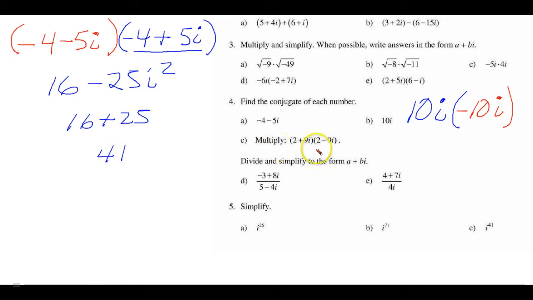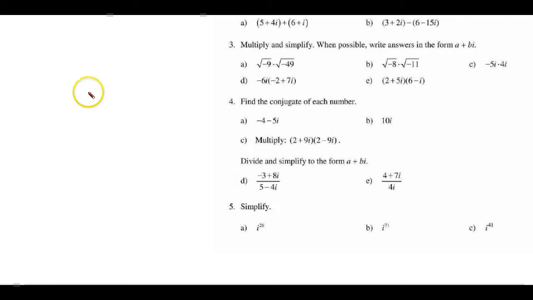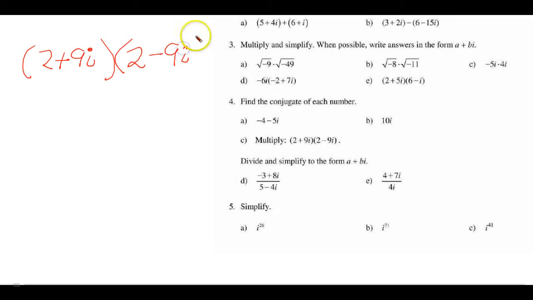Okay, now they're asking us to actually multiply these conjugates. So let's do that. 2 plus 9i times 2 minus 9i. Again, the nice thing about conjugates, there are no middle terms.